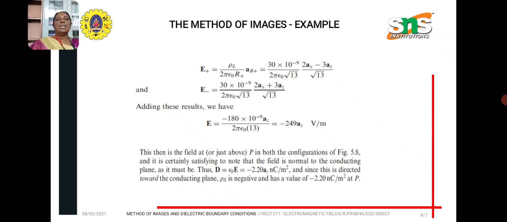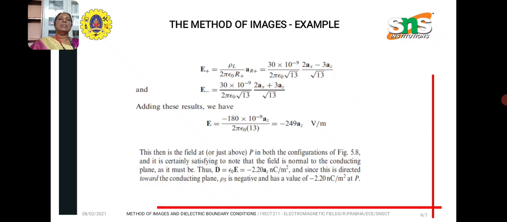And now E minus can be obtained by 30 into 10 power minus 9 by 2 pi epsilon naught root 13 multiplied by 2ax plus 3az by root 13. By adding these two results, E plus and E minus, we get the total field E equal to minus 180 into 10 power minus 10 az by 2 pi epsilon naught of 13.